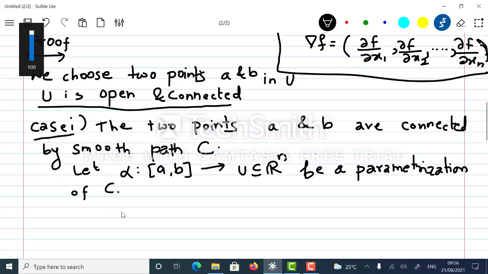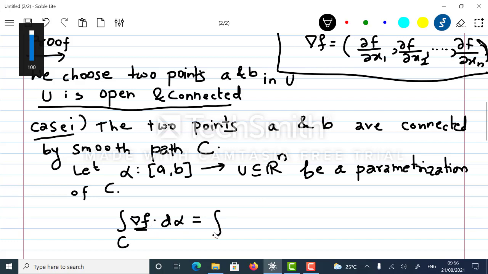So then the line integral along C of gradient f d alpha, as per the definition of line integral. Note that f is a scalar, but grad f is a vector. So basically we are finding the line integral of a vector field.